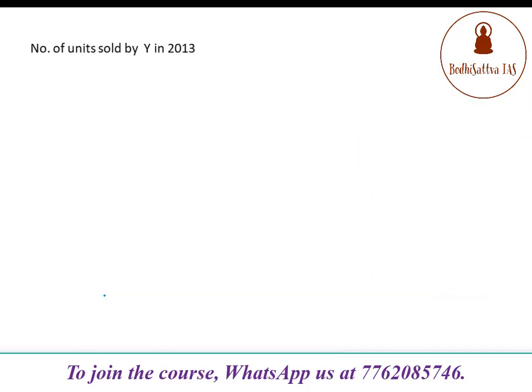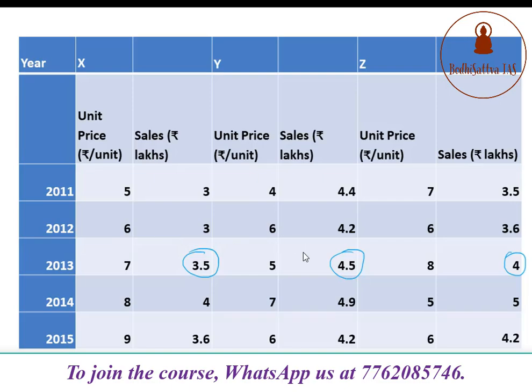Now moving to the next company, number of units sold by company Y. If we see the table, by company Y, 4.5 lakh sales was done and unit price was rupees 5. So to find out the number of units sold by Y in 2013, it will be 4.5 lakhs divided by the unit price, that is 5. So we will get 0.9 lakhs.